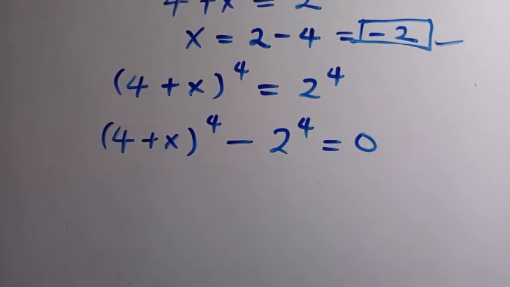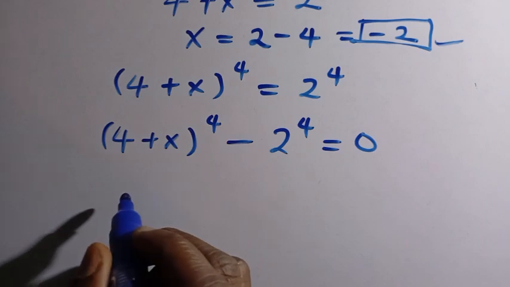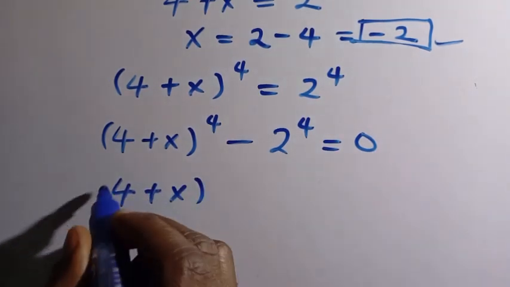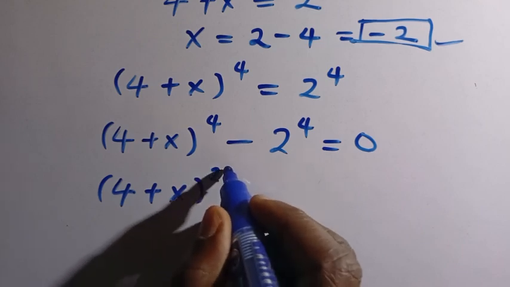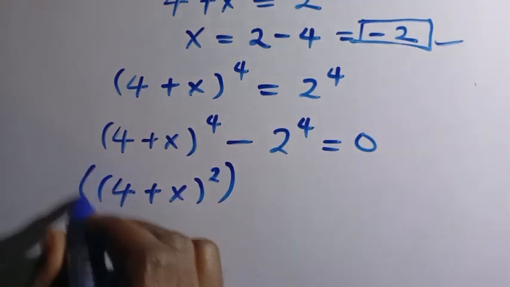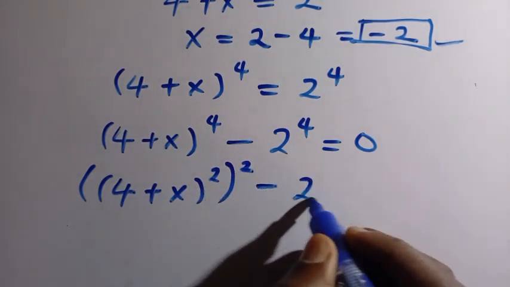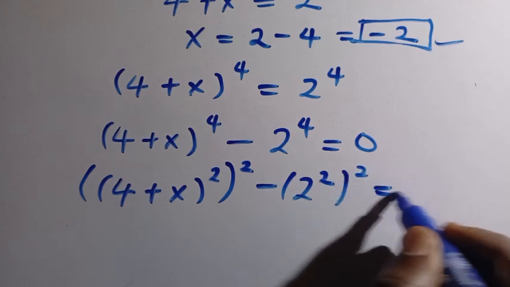Then from here, this 4, we can break it as 2 multiplied by 2, and here is ((4 + x)^2)^2 - (2^2)^2 = 0.